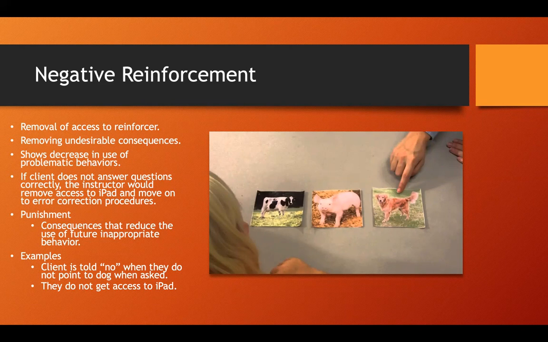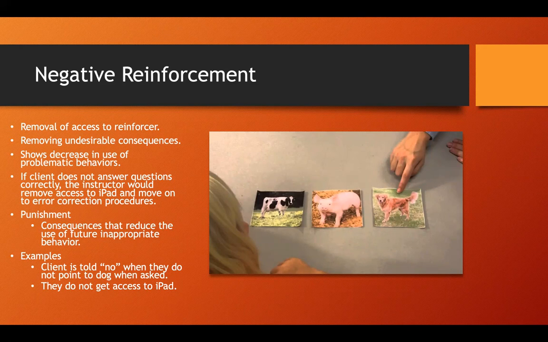It involves removing desirable items and leading to undesirable consequences for the client. This usually shows a decrease in problematic behavior. So that's a good thing to remember when we use negative reinforcement.